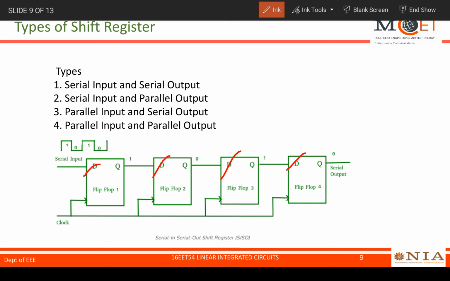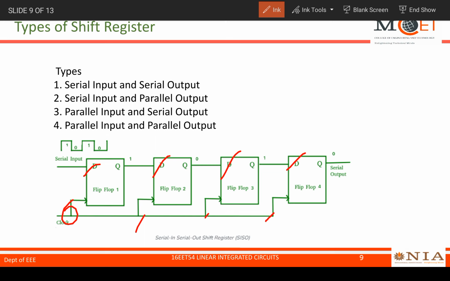Here we are applying a single clock pulse to all flip-flops to make all flip-flops switch simultaneously. And this shift register is used to store 4-bit binary data, that is from 0000 to 1111, that is from 0 to 15. We can store the data using these 4 flip-flops.